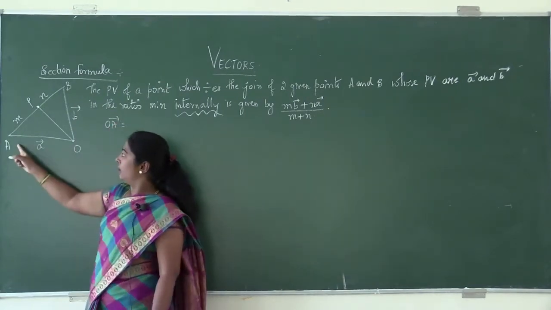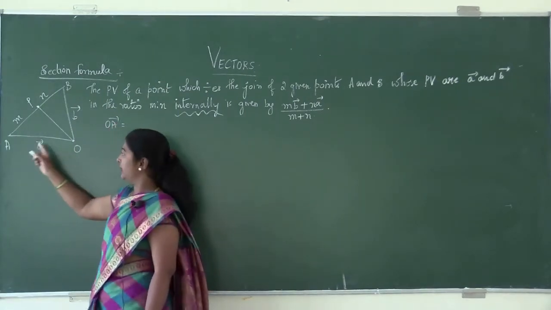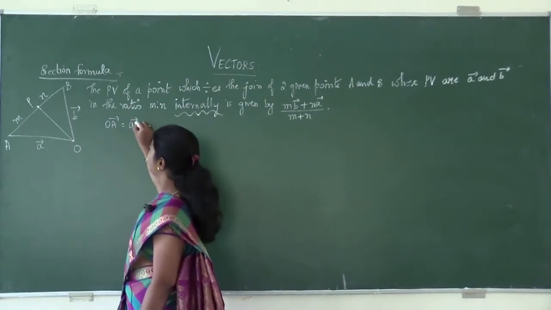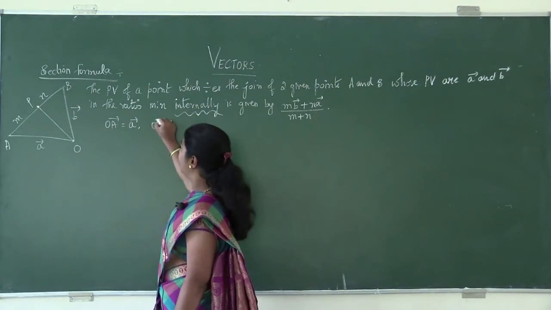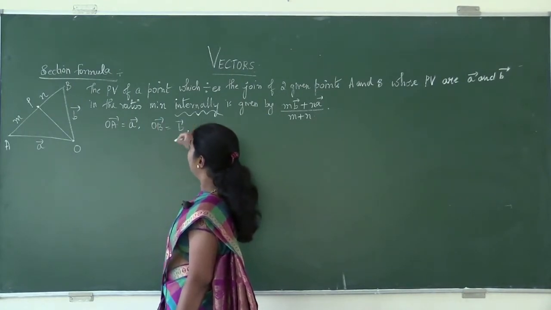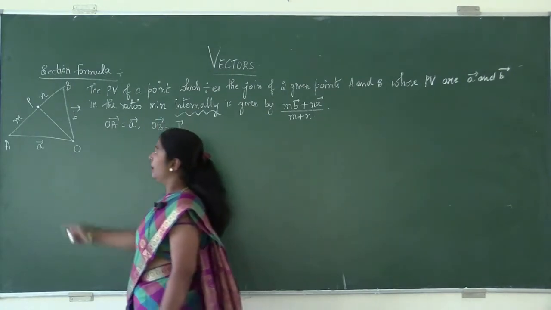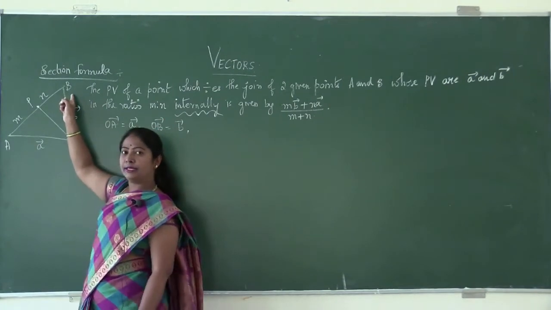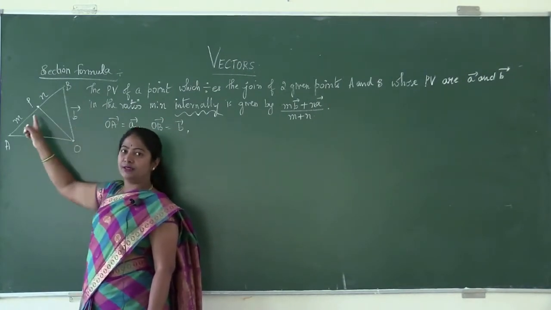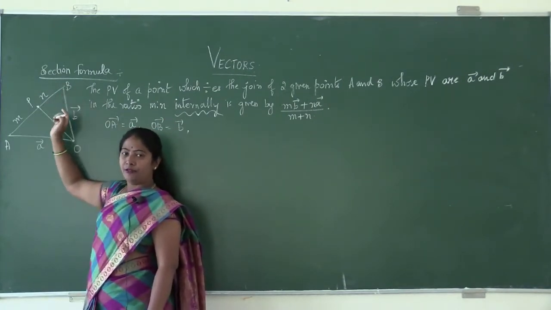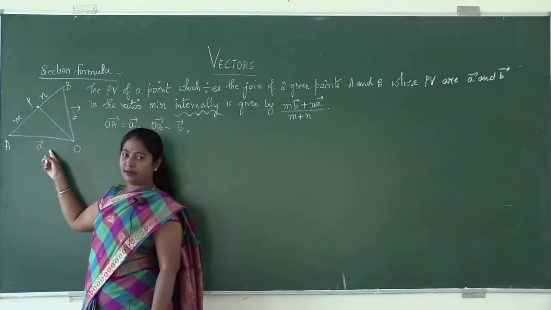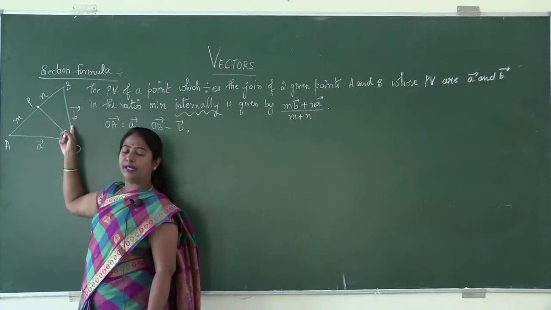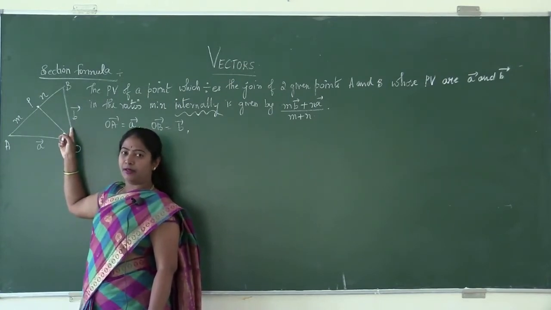Vector OA is represented by vector A. Similarly, vector OB is given by vector B. A and B are any 2 points, O is the origin, join AB. From the diagram we can write vector OA as vector A and vector OB as vector B.